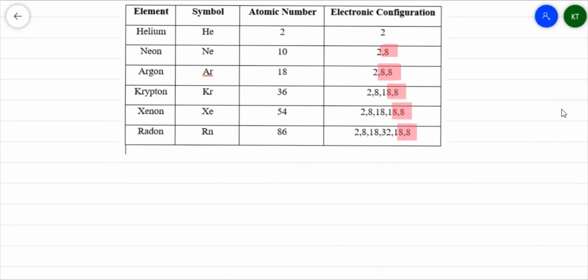As they have octet completed, you have helium which has got duplet completed.